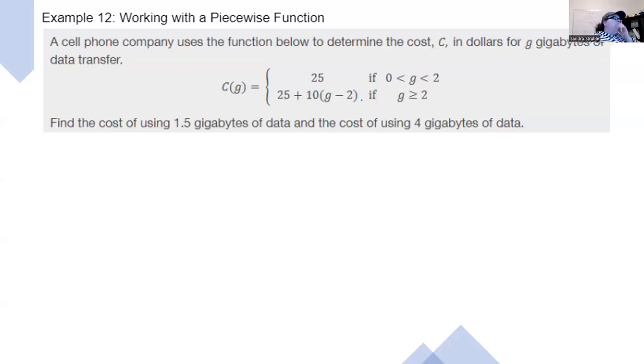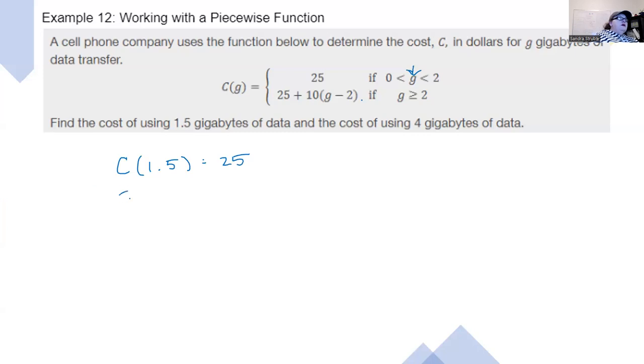All right. So it says find the cost of using 1.5 gigabytes. So 1.5 is right in here between my 0 and 2. So the cost of using 1.5 gigabytes is $25. All right. That was easy enough. The second one, they're using 4 gigabytes. So we're going to have to go to the second formula for that one.